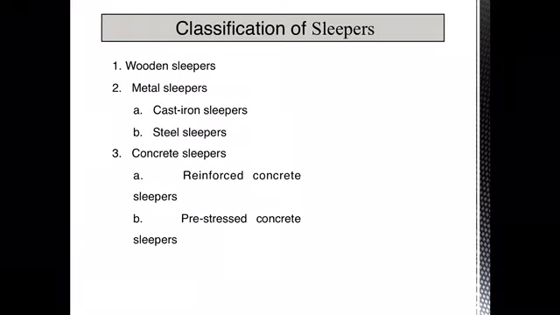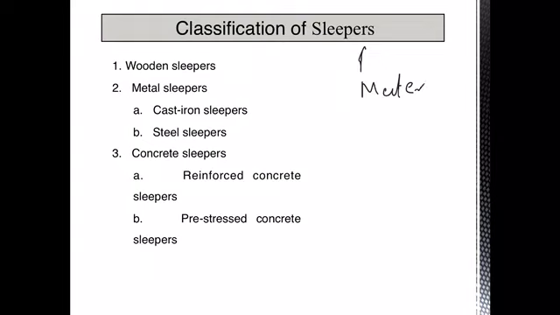The sleepers are classified depending upon the material that is used in the manufacture of the sleeper components. Depending upon that, the sleepers can be classified as wooden sleepers and metal sleepers. Within metal sleepers it can be cast iron or steel sleepers.